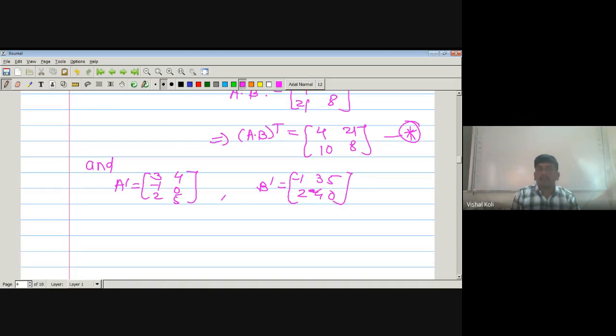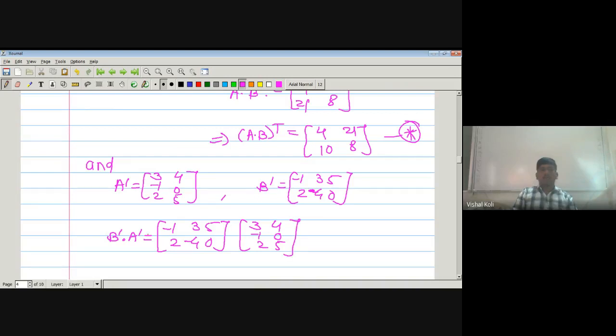Okay, now we have to take the product B transpose into A transpose. B transpose is [minus 1 2; 3 minus 4; 5 0], and A transpose will be [3 4; minus 1 0; 2 5].